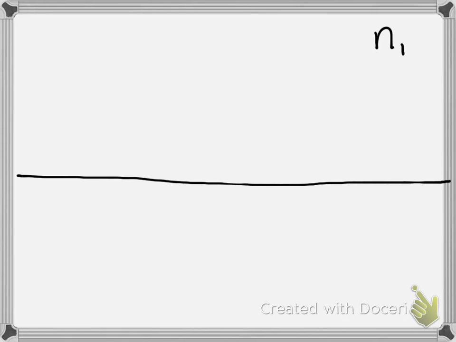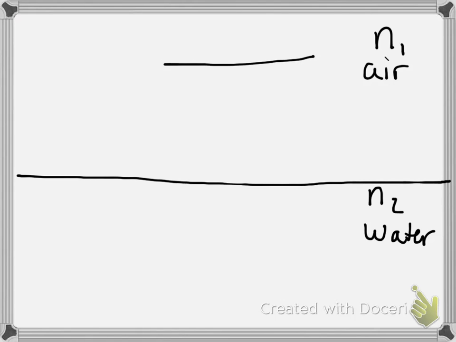What about those? Okay, so going back to the water and the air with the pencil, now just imagine I have a sheet of water, right? And we'll call this n1, and we'll let this be air. We'll call this n2, and we'll let this be water. Okay, so imagine that I have waves of light. Here are the wave fronts. Let me make them a little bit bigger.